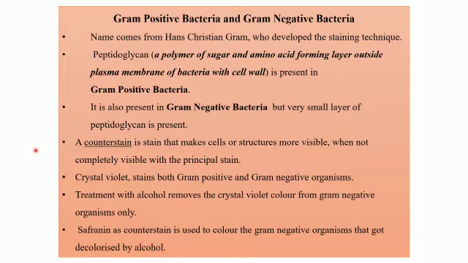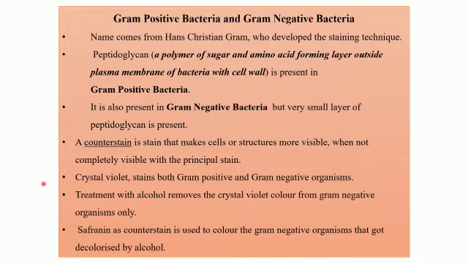Now the next one is the staining technique. A counter stain is a stain that makes cells or structures more visible when not completely visible with a principal stain. So there are two types of stains, a principal stain and a counter stain. Crystal violet stains both gram-positive and gram-negative organisms.